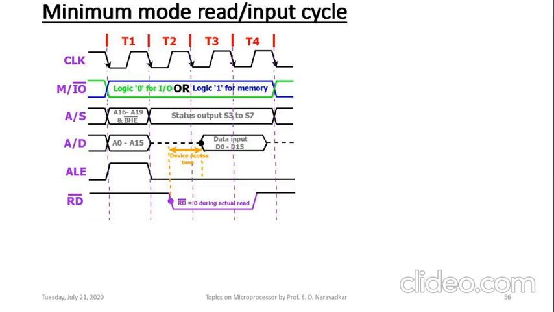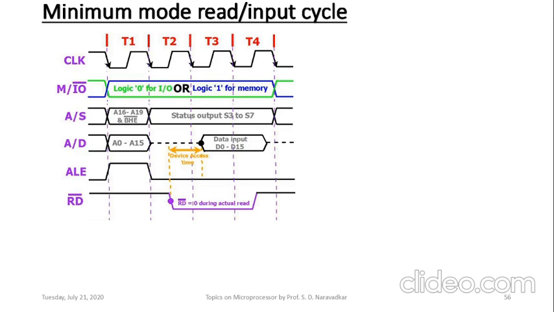So read bar signal will be active during actual read operation here, and you can observe once that read bar signal is active, that read operation will be initiated, and when that data appears on that data bus, address data bus, that particular gap, that time lag is shown here as a device access time.